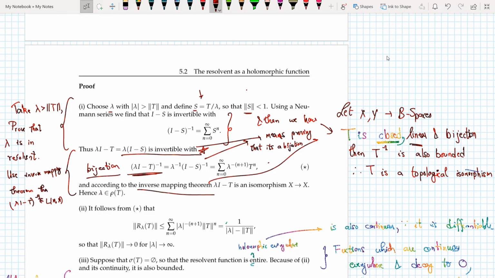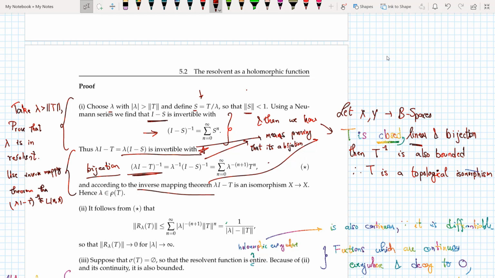Now if the norm of S is less than 1, I can use the Neumann series. I can say that I minus S is invertible, and the formula is given like this. And now lambda times I minus S is equal to lambda I minus T, and hence I can say that lambda I minus T is invertible.